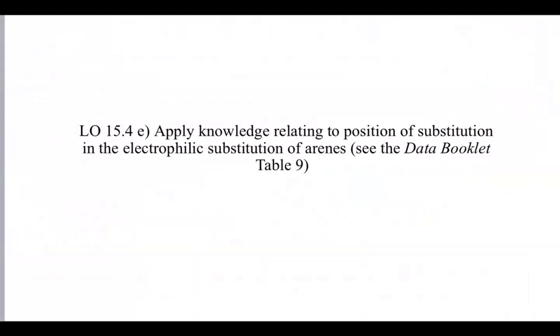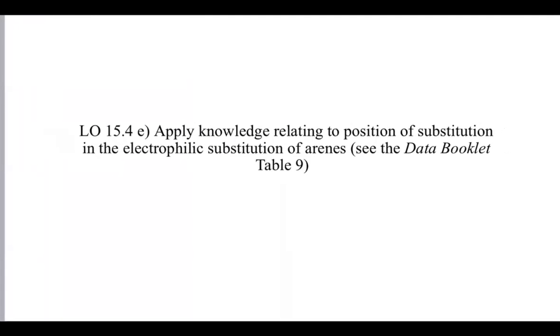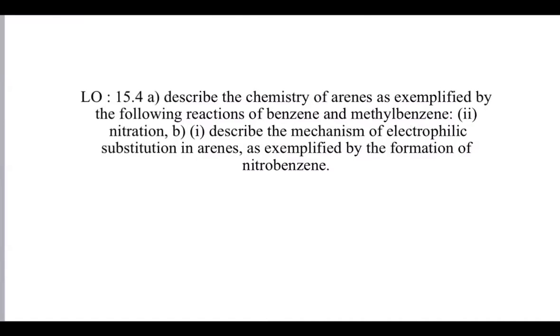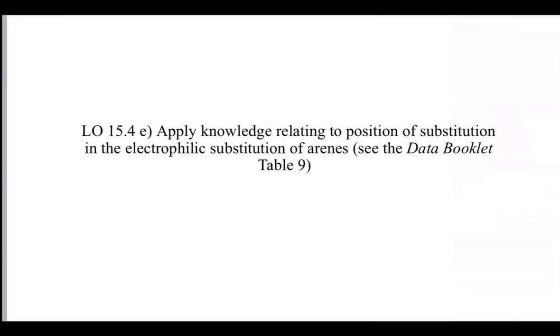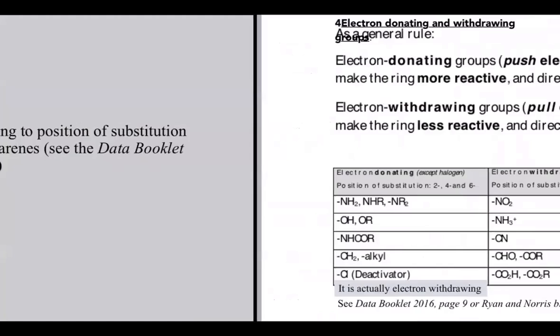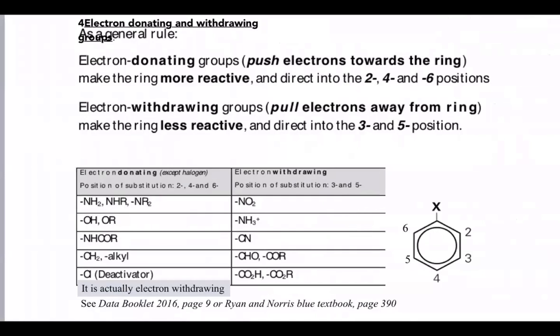Next, apply knowledge relating to position of substitution in the electrophilic substitution of arene. Next slide. This time I want to talk about the electron donating and electron withdrawing group. As you know, the example that we looked at before this was methyl.